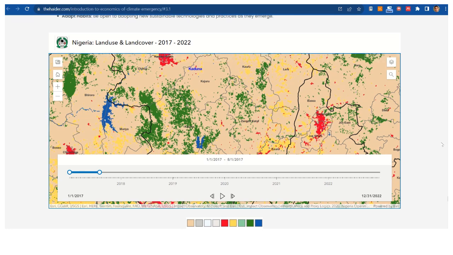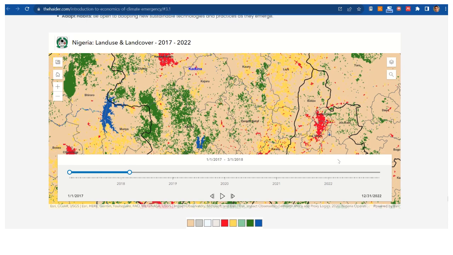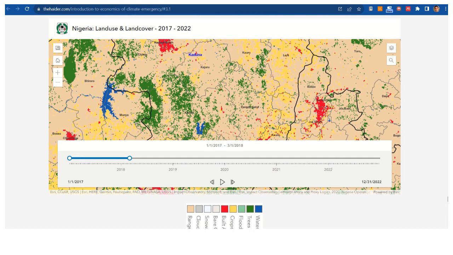This is the land use land cover around 2018, and you can see the legend here.